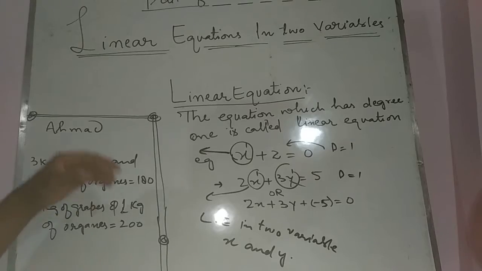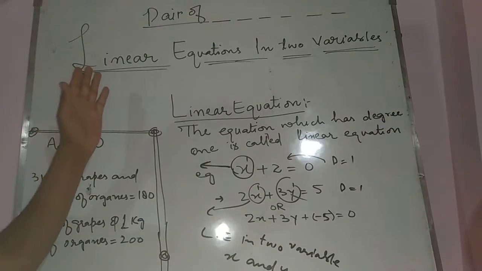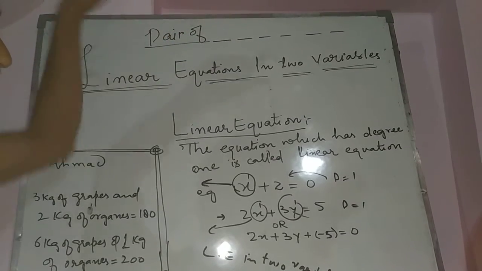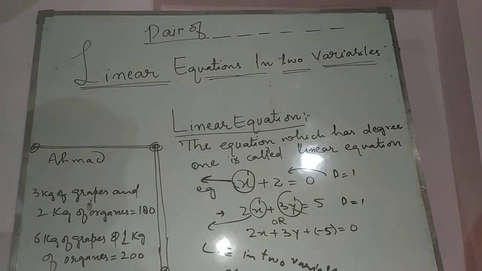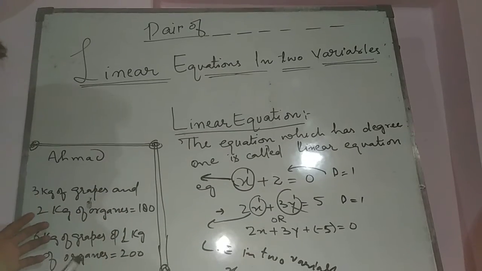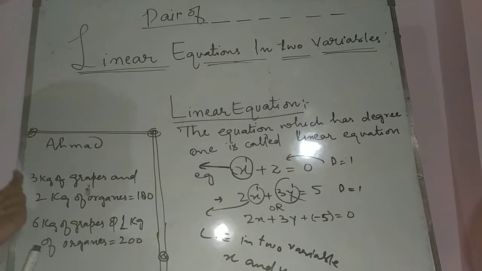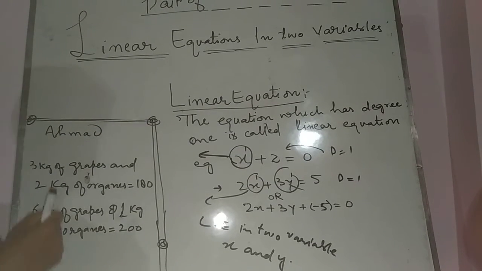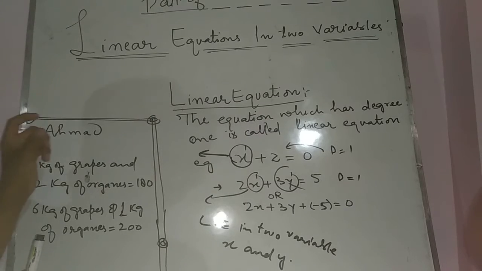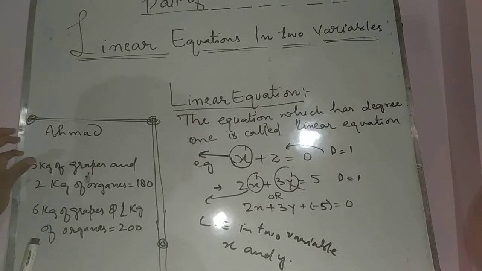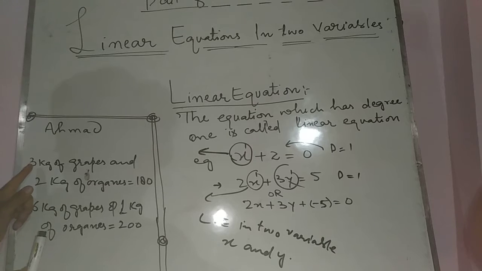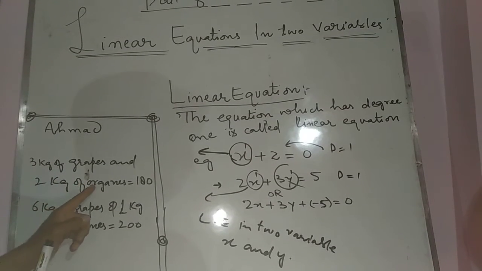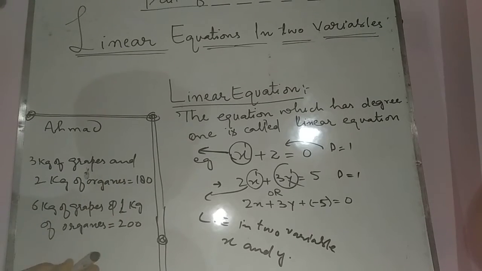Today's discussion is the linear equation in two variables, but it is the pair of linear equations in two variables. First of all, I would like to go to this portion of what I have written on the board. I will give a situation that Ahmed is a boy. This Ahmed goes to bazaar and brings 3 kg of grapes and 2 kg of oranges for 180 rupees.